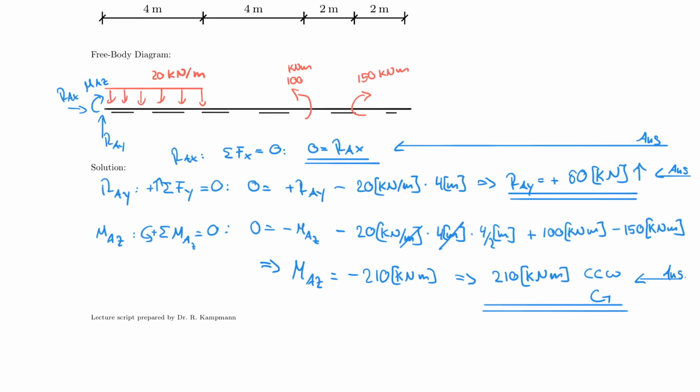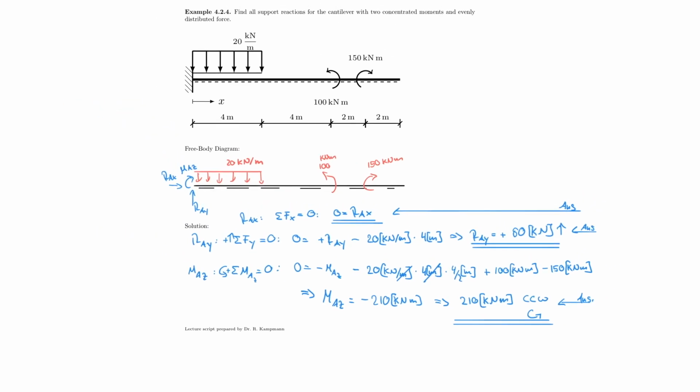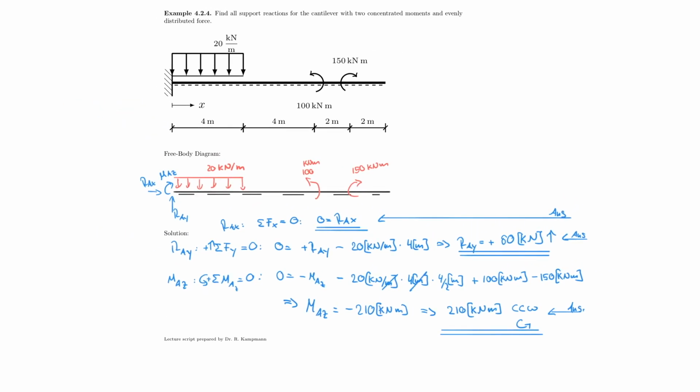And this is now done, and we completed our first cantilever problem with concentrated moments, and we know now how they affect our equilibrium equations for forces and our equilibrium equations for moments, or I should better say how they do not affect our force equilibrium equations but our moment equilibrium equations. So that completes our lecture, and we can now move on to the homework and to the conclusion of our learning experience.